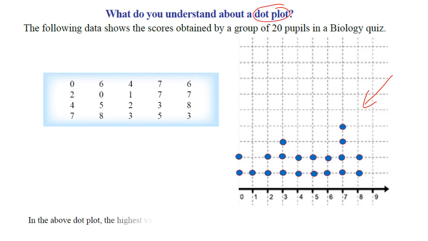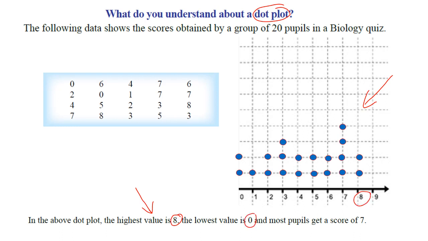And what can you say about the dot plot? You can say that the highest value is 8 and the lowest value is 0. Highest is 8, lowest is 0, and the most pupils get the score of 7. Here you have 4 pupils with the score of 7.